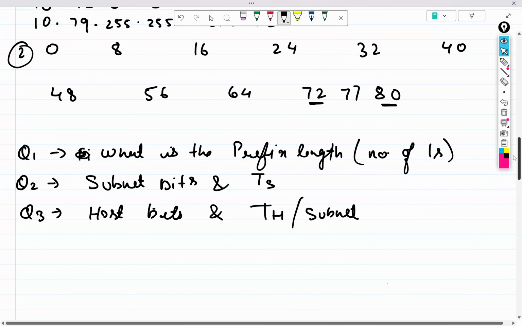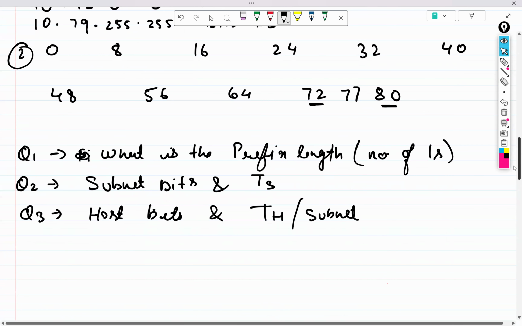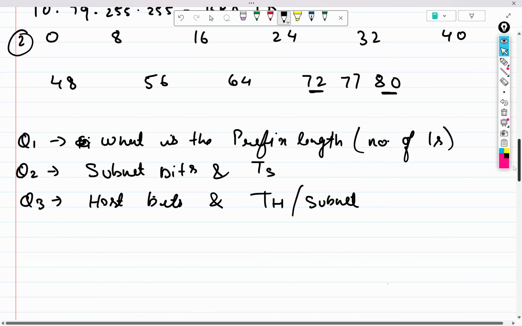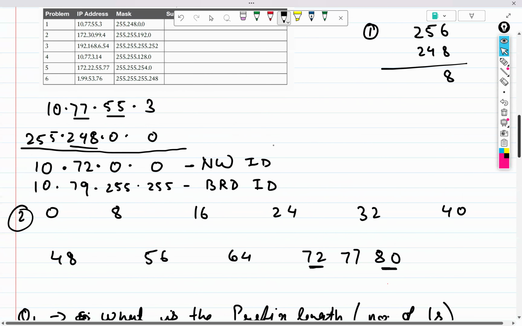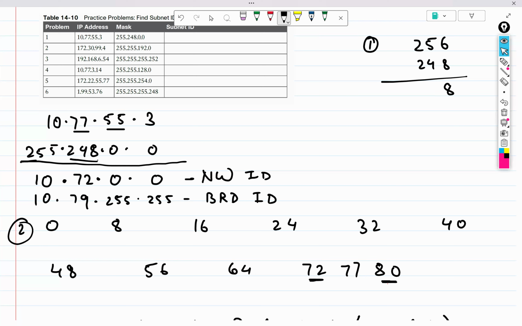So over here, let's try to find out the prefix length. Prefix length is the number of ones. And how can you find that out? With your address mask itself. What is the number of ones?